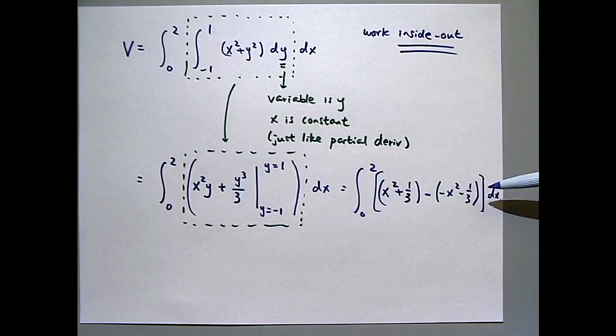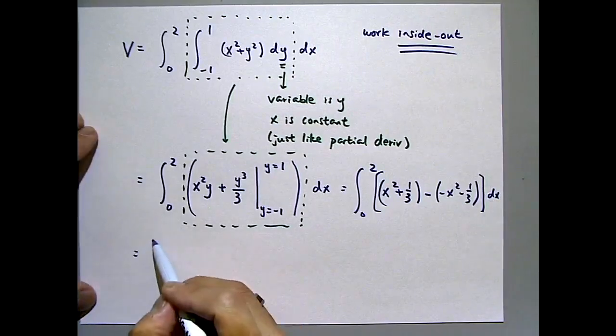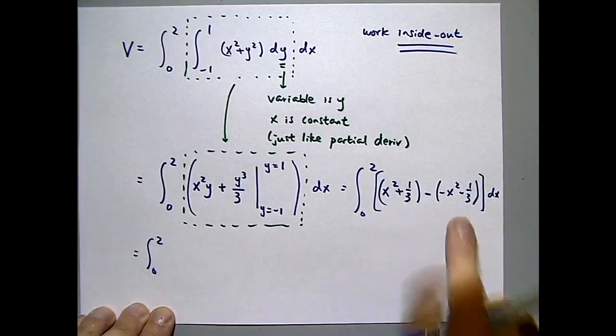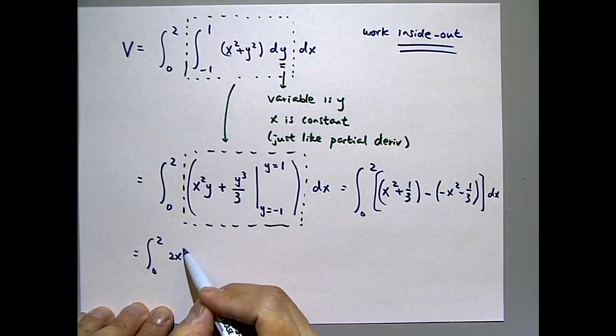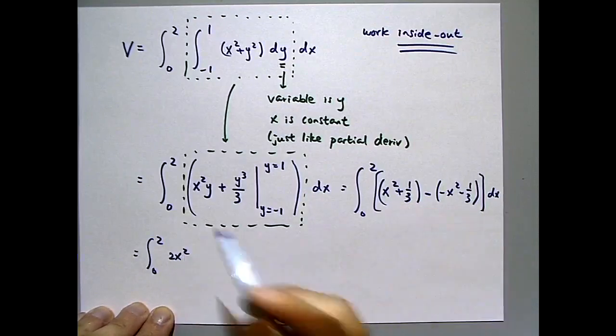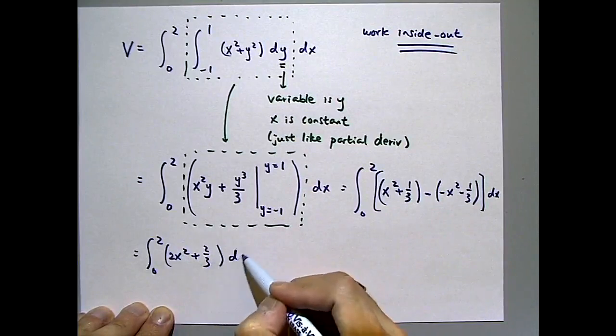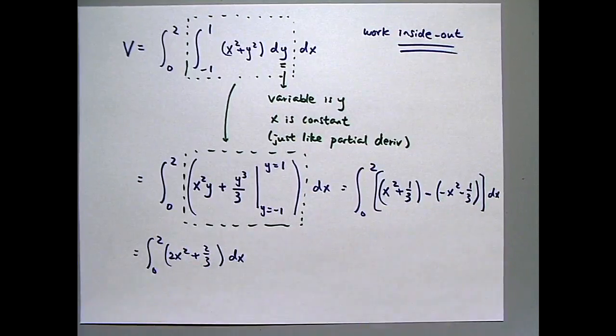Yeah? Keep going. 0 to 2. Simplifying this, we get 2x squared plus 2 over 3. Okay, so that completes the inside integration, the green box, right? We're done with the green box.